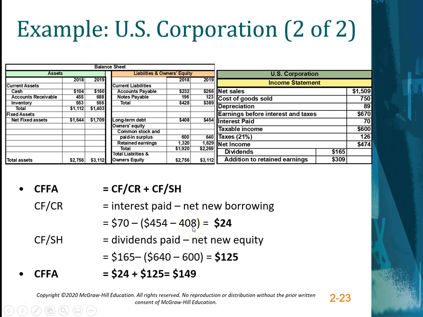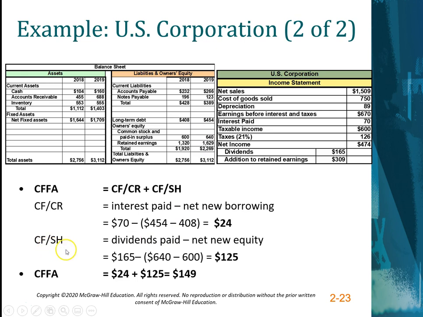Looking at the borrowing, it's the 70 minus the 454 minus the 408, which is 46, and 70 minus 46 gives you the 24. That's how much cash went out for debt.